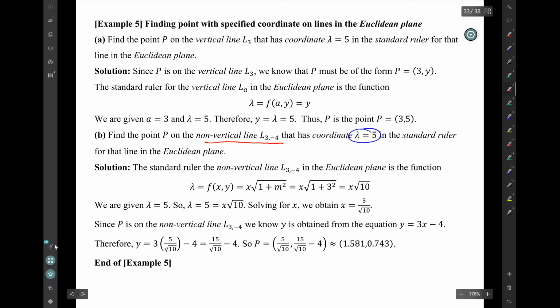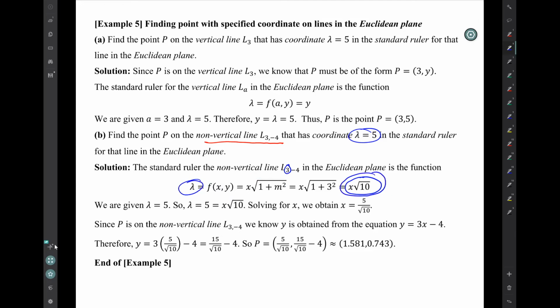Well, the standard ruler for the non-vertical line is this formula, f of (x, y) equals this formula. Now when I use the value of m, our line has slope 3, that's our m, so this formula actually turns out to be this, x square root of 10. So that's a formula that takes the value of x and spits out a value of lambda as a result.